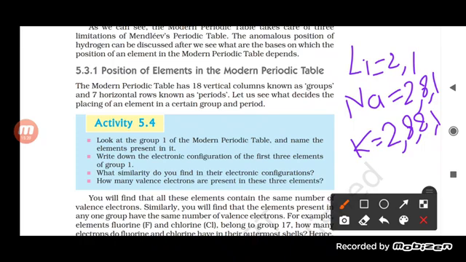So when we distribute the electrons, we get that all of them have one valence electron in their electronic configuration. So the next question is, what similarity do you find in the electronic configuration? The similarity is that everyone has one valence electron.